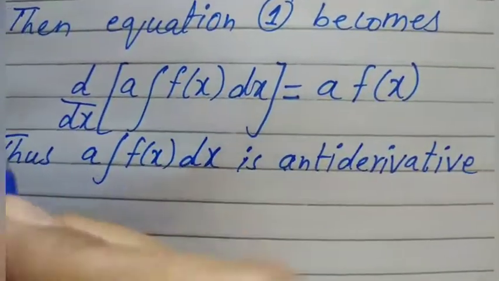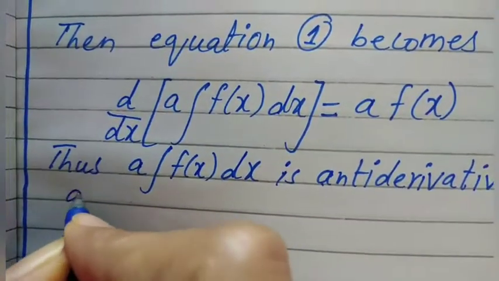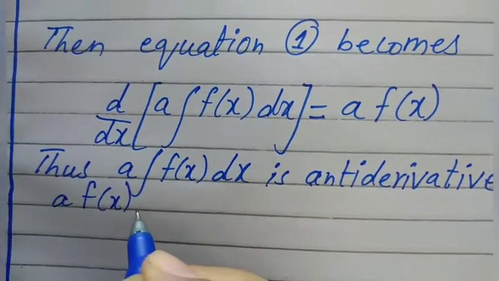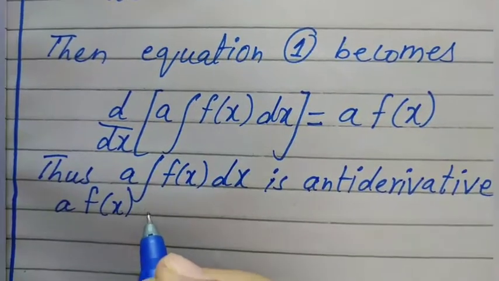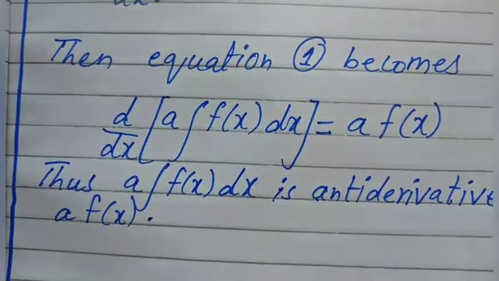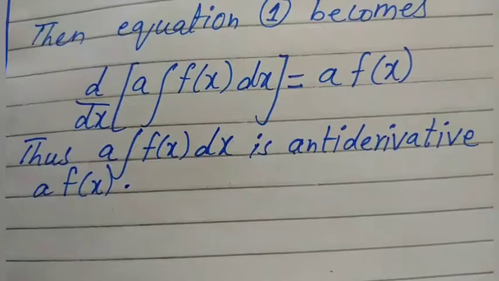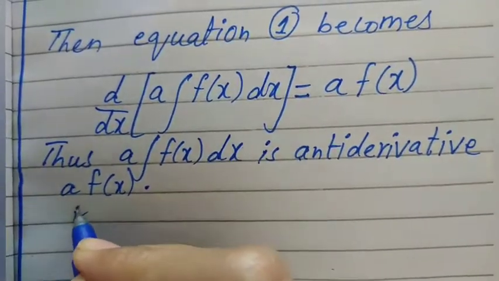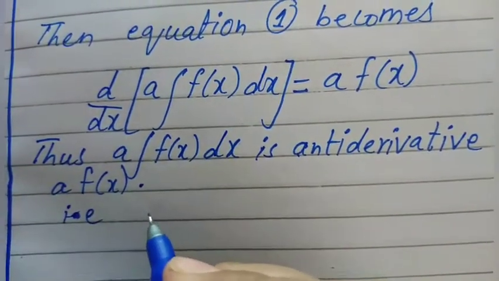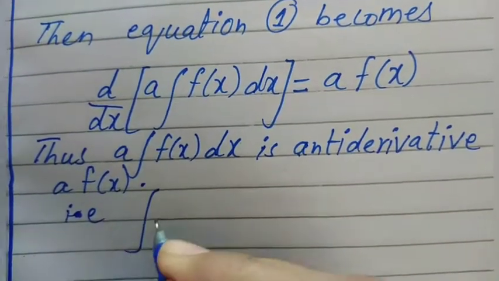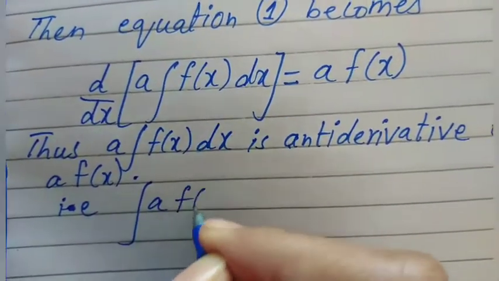Just keep one thing in your mind: we have been given the function a f of x, and when we apply integration on it, its antiderivative is a times the integral of function f of x. In other words, you have to prove that when the derivative is applied on the right hand side of the theorem, its derivative will be equal to the original function, that is a f of x.